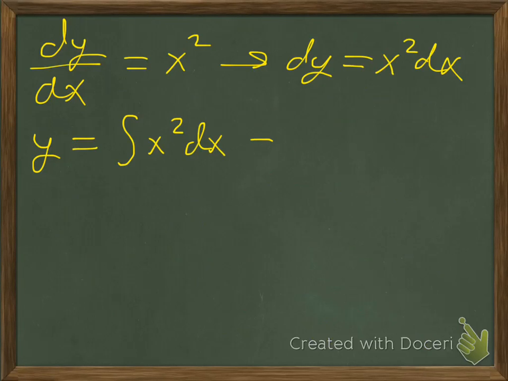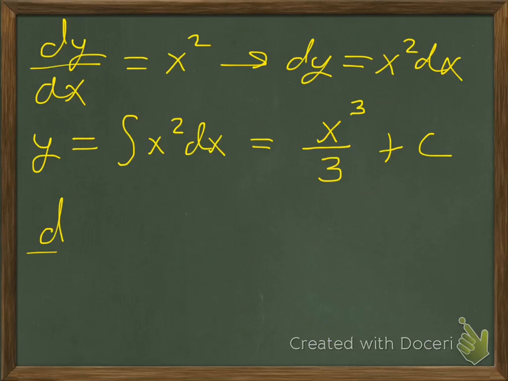Okay. And you're asking yourself, who has a derivative of x squared? So you might think like an x cubed or something like that. So follow the general power rule. We'll add 1 to the exponent, which makes it a 3, divide by that exponent, and add our constant of integration.